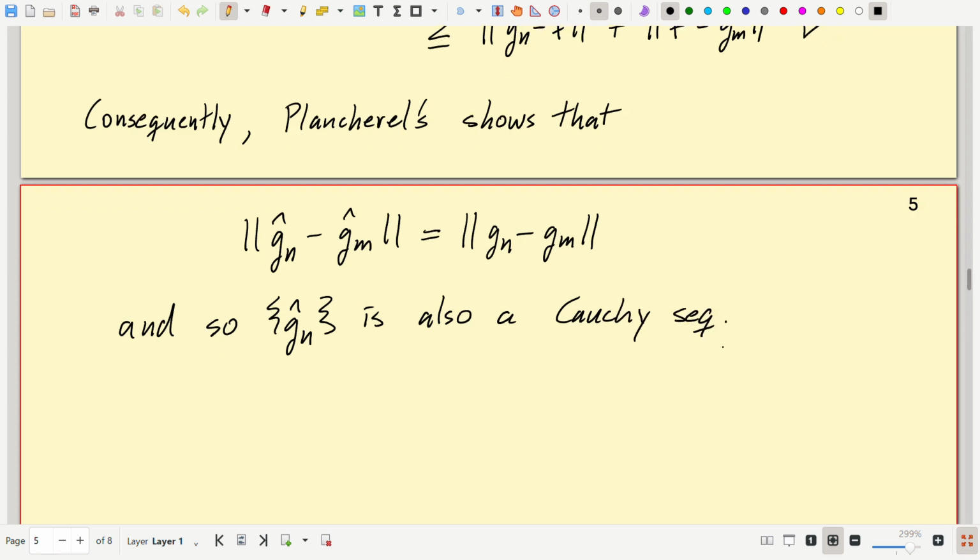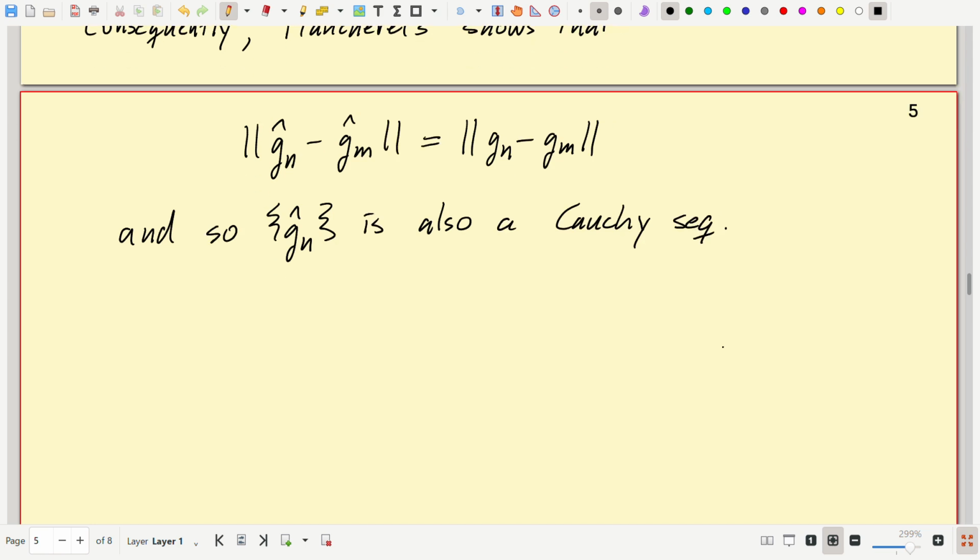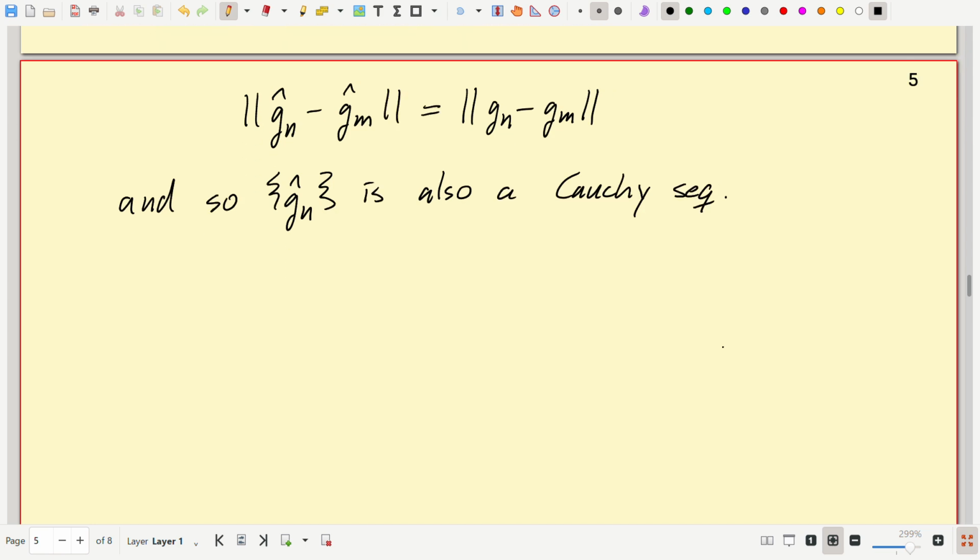Okay, maybe it doesn't feel like I need to do this, but I do. I need to know that the Gn hats converge to something. So L2 is complete. So Gn hat converges in L2 to something.